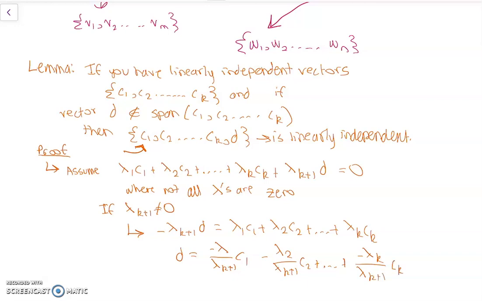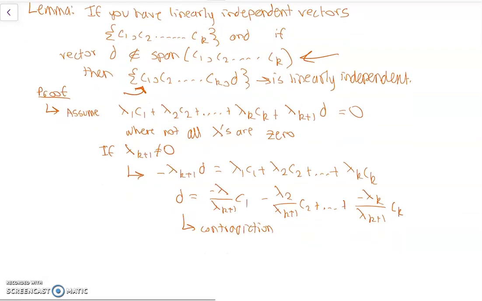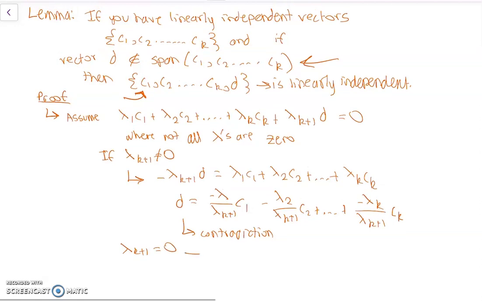And this is a contradiction because d is not in the span of the c's. So lambda k plus 1 cannot be non-zero, which means that lambda k plus 1 must equal 0.